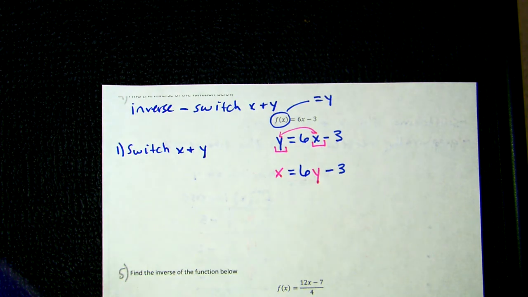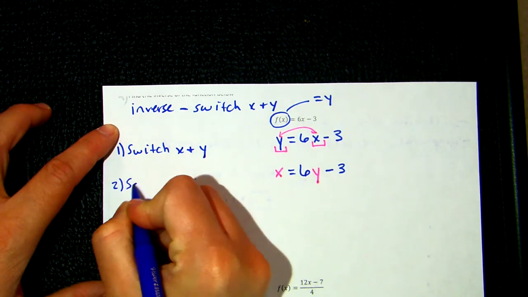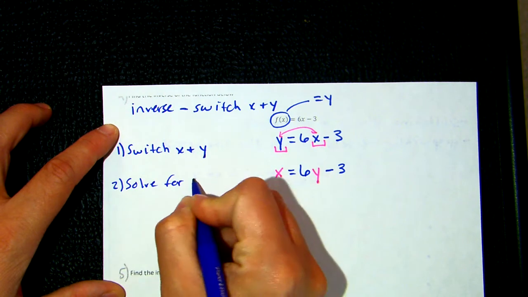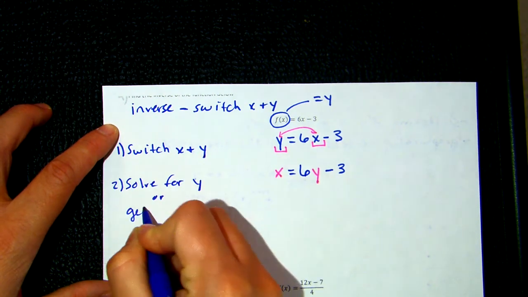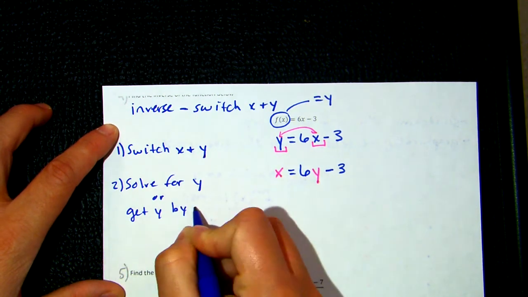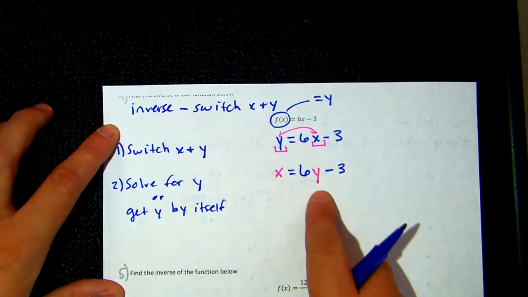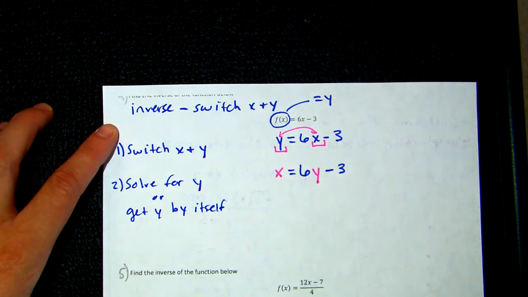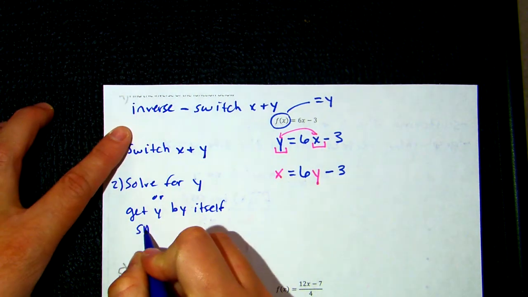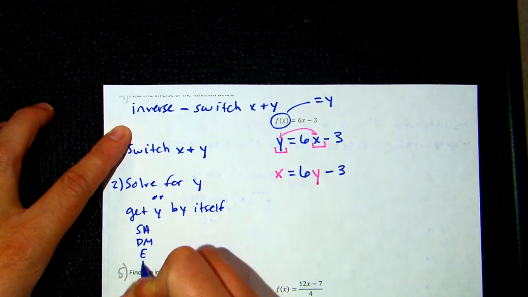Okay. And the next thing I do is I solve for y, or get y by itself. Now, if we're trying to get y by itself, it is our reverse order of operations. Remember, SADMEP.